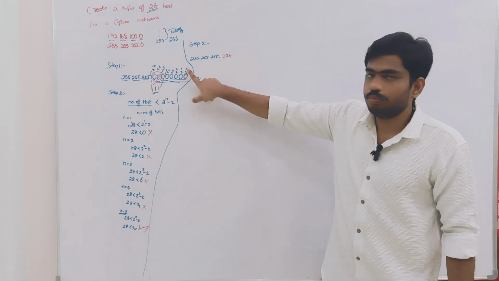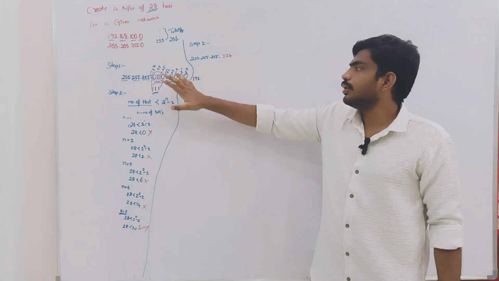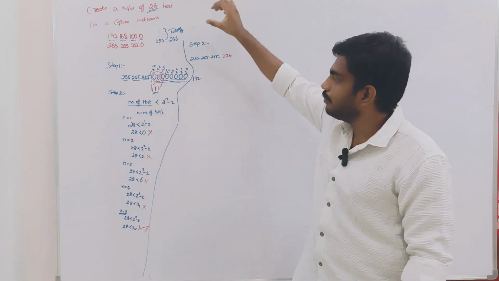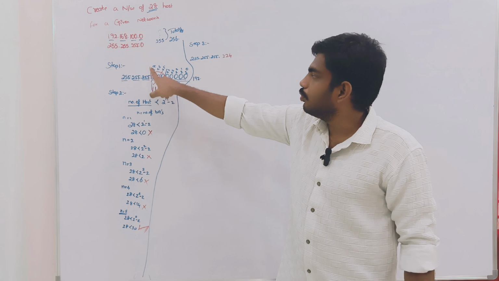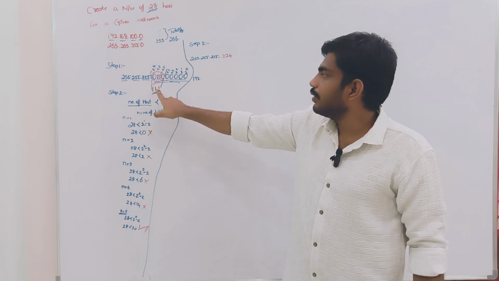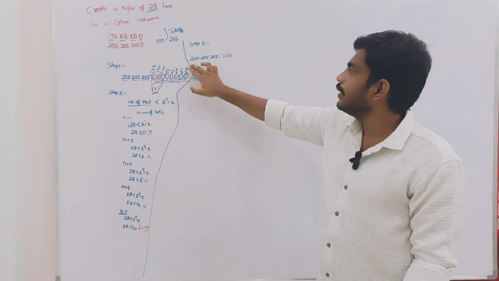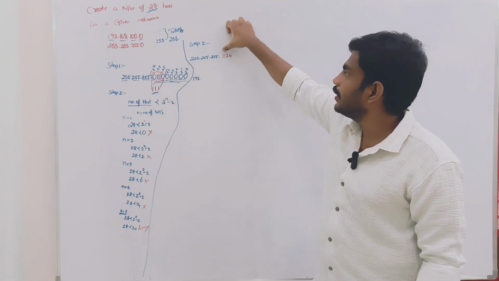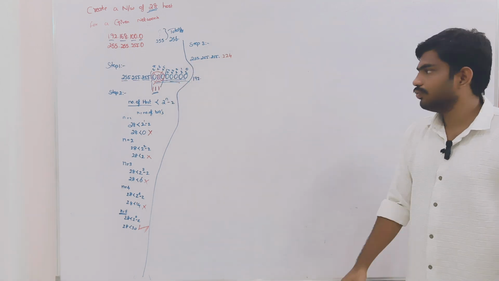The 0 times 2 power 0, 2 power 1, these all 0, you ignore. Instead, you multiply 2 power 7 times 1, 2 power 6 times 1, 2 power 5 times 1, then you add them, and you will get the subnet mask of 224.